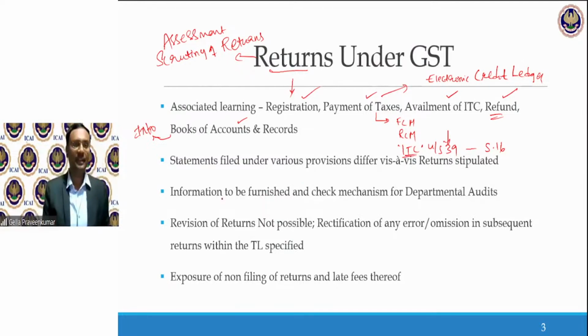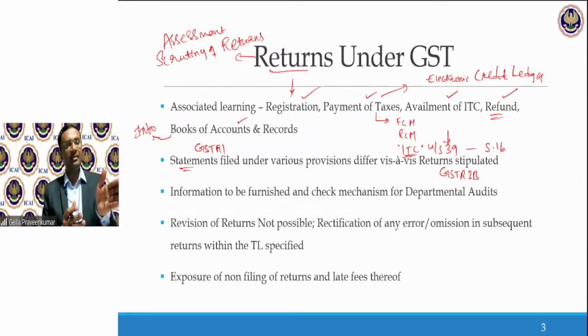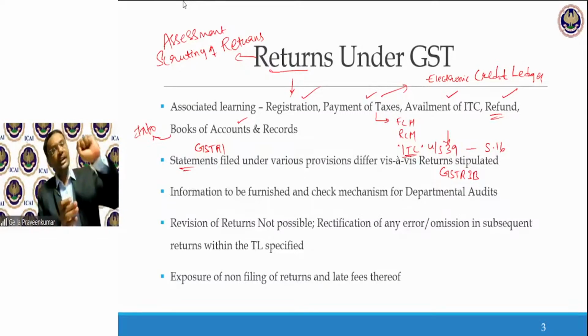Then moving further, statements filed under various provisions differ vis-a-vis returns stipulated. Now when I say statement, there is a statement called GSTR-1. There is a return called GSTR-3B. In today's class, I'll explain one connected provision, Rule 88C, where there is a gap between my GSTR-1 and GSTR-3B. How is this particular gap assessed when the GST officer looks at it? Look, when you file your GSTR-1, you declared 120.